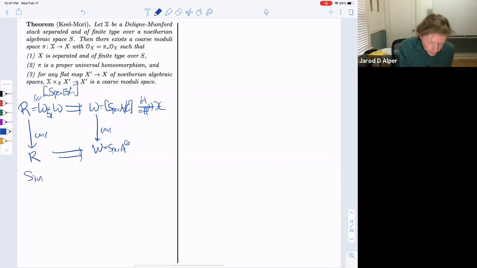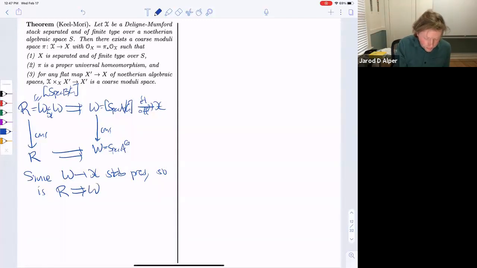And now since W to X is stabilizer preserving at all points, so are these two projections from the stack R. And it's also étale and affine. So we're in the situation where that lemma told us that the two squares are Cartesian.